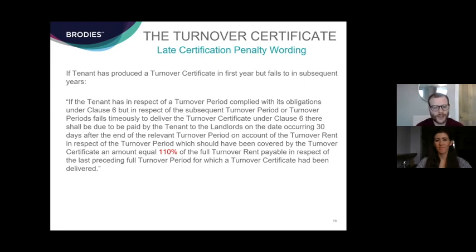Again, it's legalistic, but what this says is that if they don't produce it in the next year, then the sum that they have to pay to the landlord will be 110% of what they paid in the first year, or what was disclosed on the turnover rent that was paid in the first year off the back of that first turnover certificate.